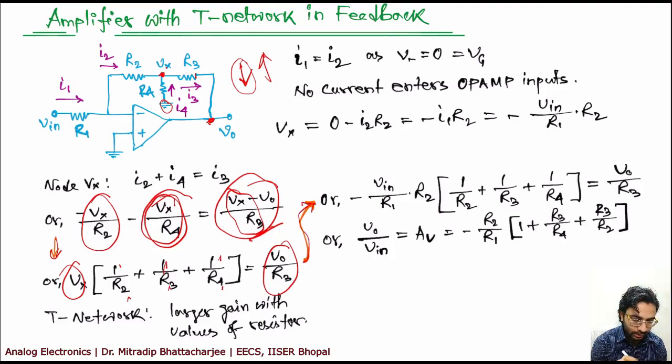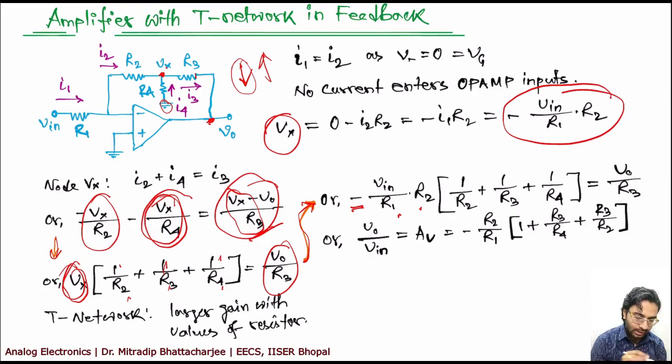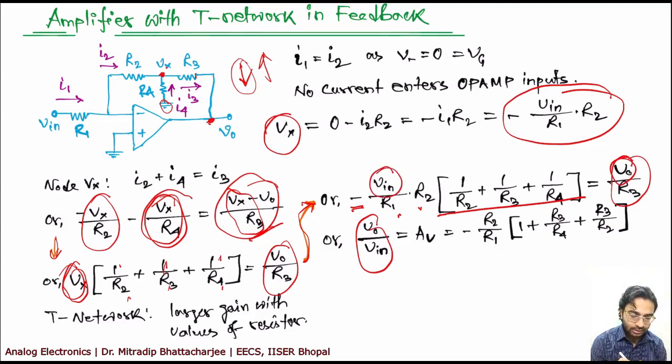Now go here, it is minus Vin by R1 into R2. Just replace the value of Vx with this. Then you will find minus Vin by R1 into R2 into this value is equal to V0 by R3. Or you will get V0 by Vin, because you have V0 this side, Vin this side, which is your AV is equal to this value.